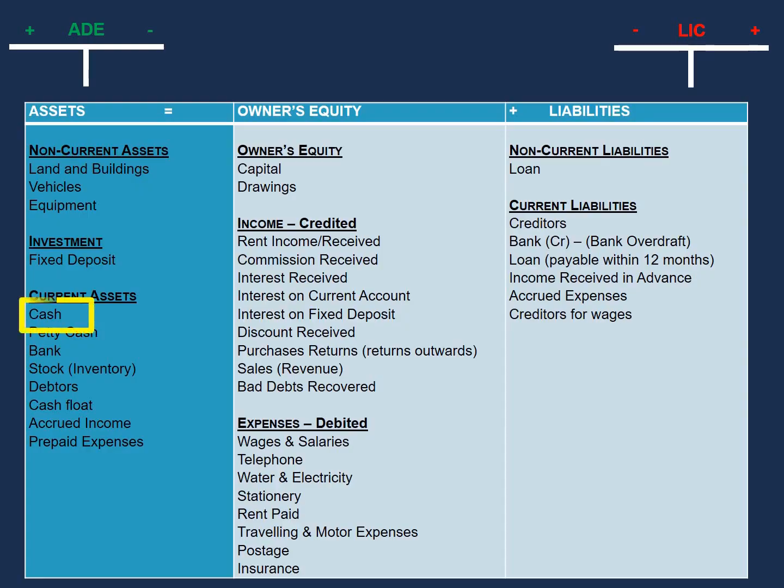And our cash is an asset and our assets are increasing, so we will record that on the debit side. And our bad debts recovered account is an income, and our income is also increasing, and we'll record that on the credit side. So now let's go and post this transaction.